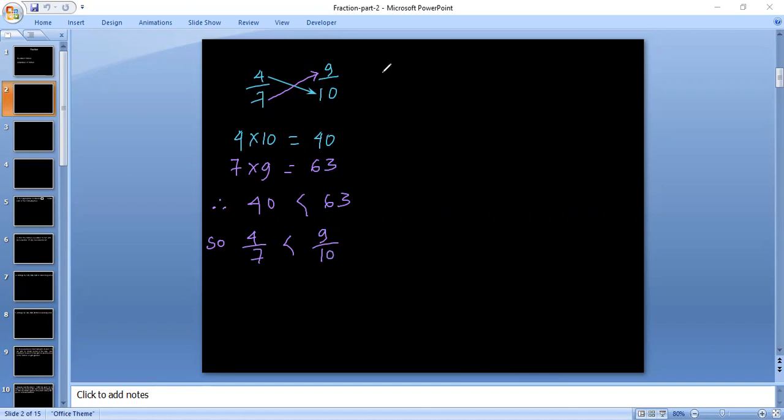So take another example: 25 by 100 and 5 by 20. In that case, both fractions are unlike fractions. How do you determine which fraction is greater, less or equal? Simple, cross multiply.